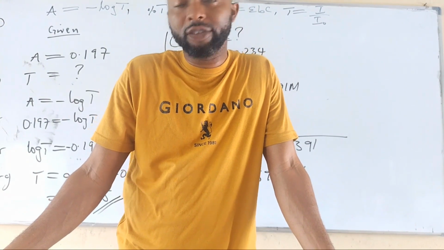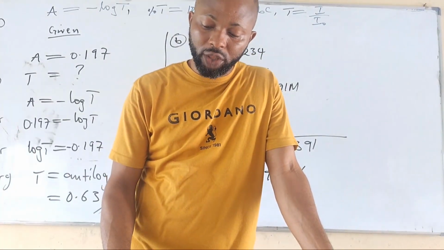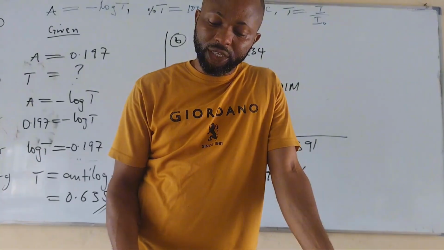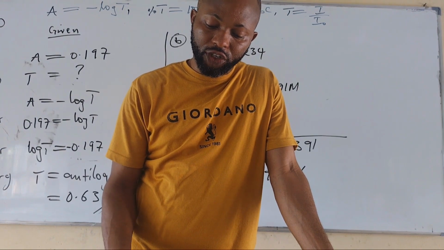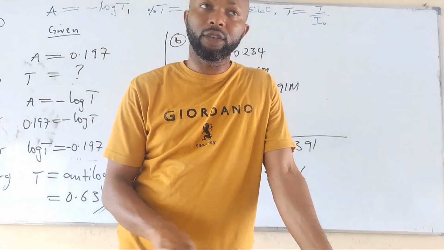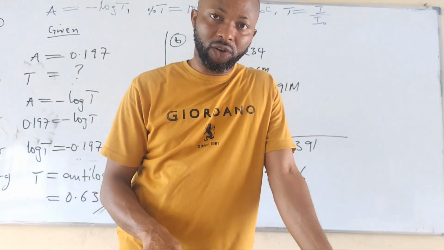Calculate the percentage transmittance if absorptivity is 13562, the path length is 1.00, and concentration is 3.55 times 10 raised to the minus 6. With this, you'll be able to come to a rational conclusion about the Beer-Lambert law.